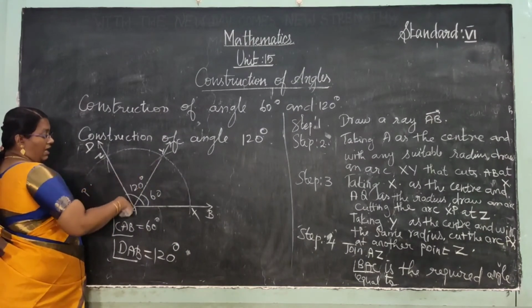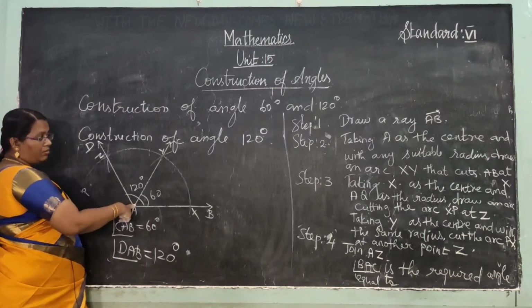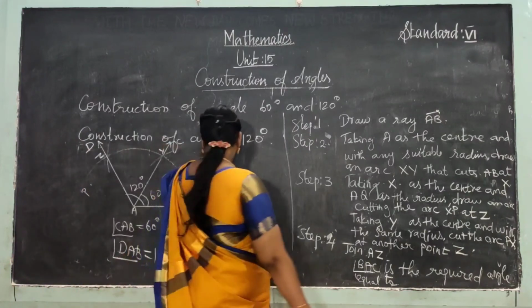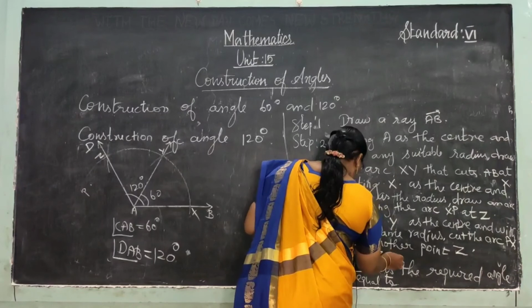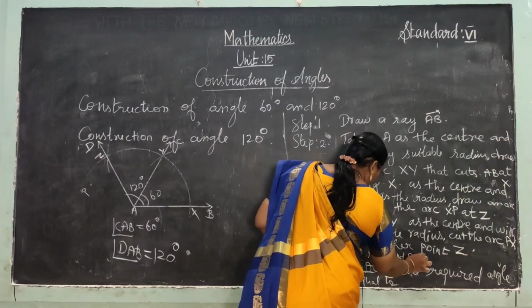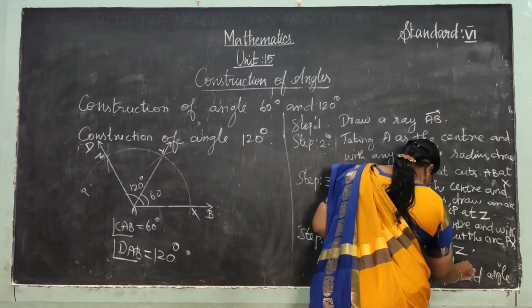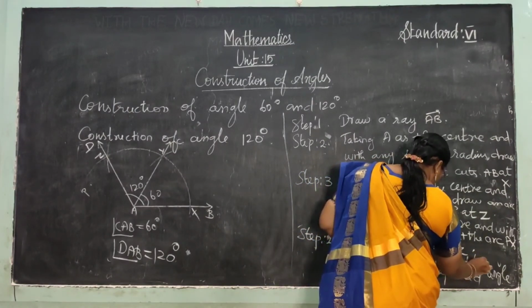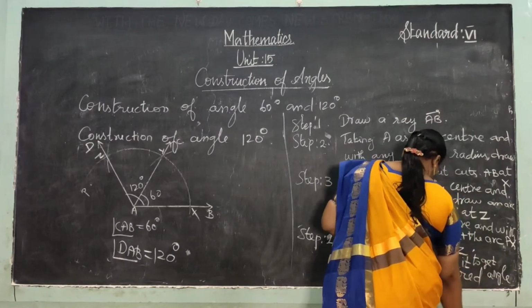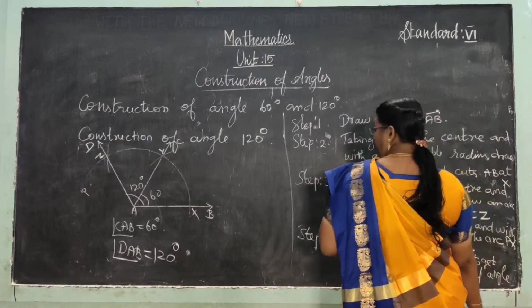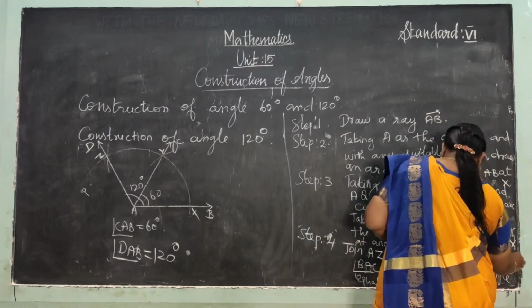For your understanding I have drawn it. For 120 degree, he didn't draw this line. Right, so join AZ and extend it to get AD, the ray AD.